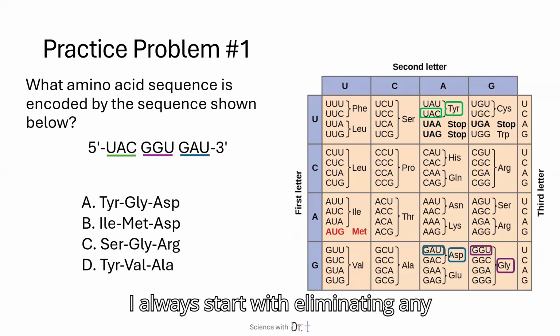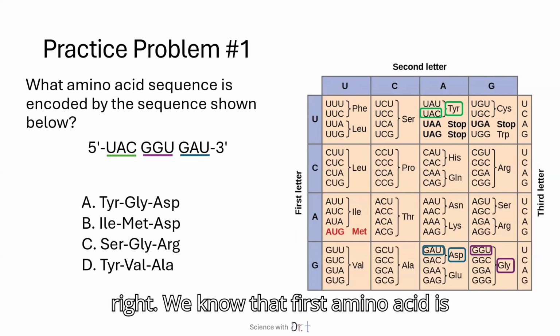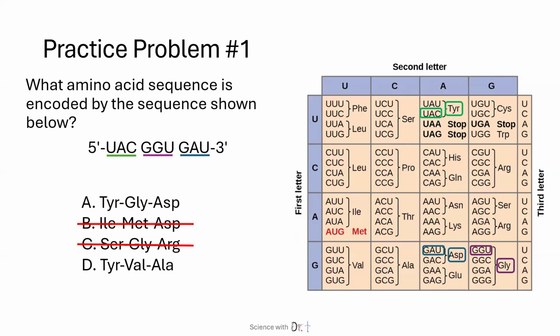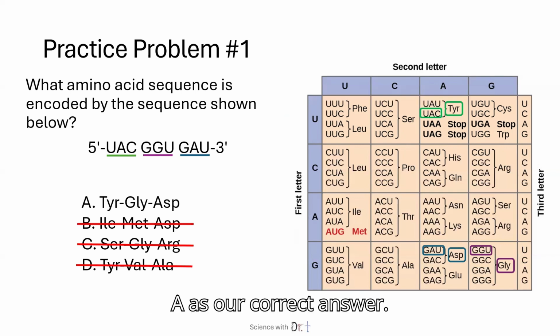I always start with eliminating any answer choice that you know can't be right. We know that first amino acid is TYR, so that means we can get rid of answer choices B and C. Our second amino acid is GLY, so we can cross out D, which leaves A as our correct answer.